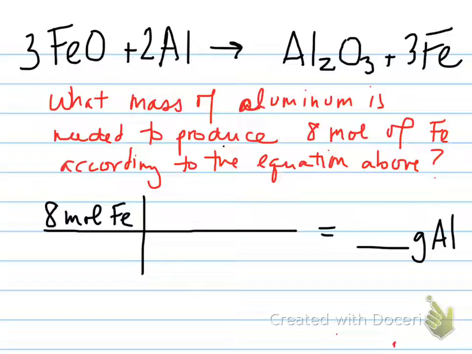So our next step, we can't ever go straight from moles of X to grams of Y. We always have to go through moles. So what units, what chemical go in the next box to cancel? Moles of iron. Yeah, down and below to cancel. Oops. Moles iron. What units, what chemical go above?